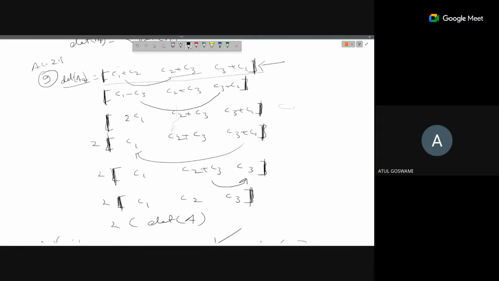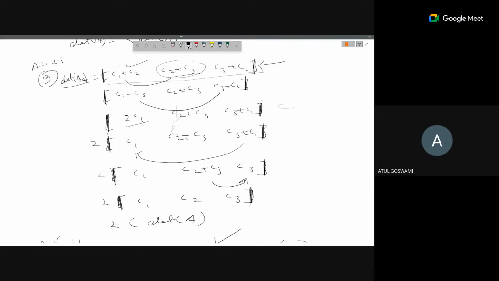I subtracted the third from the first column and replaced the first column, and I got C1 minus C3. Then I added both and got 2C1, which we can do without changing the determinant.